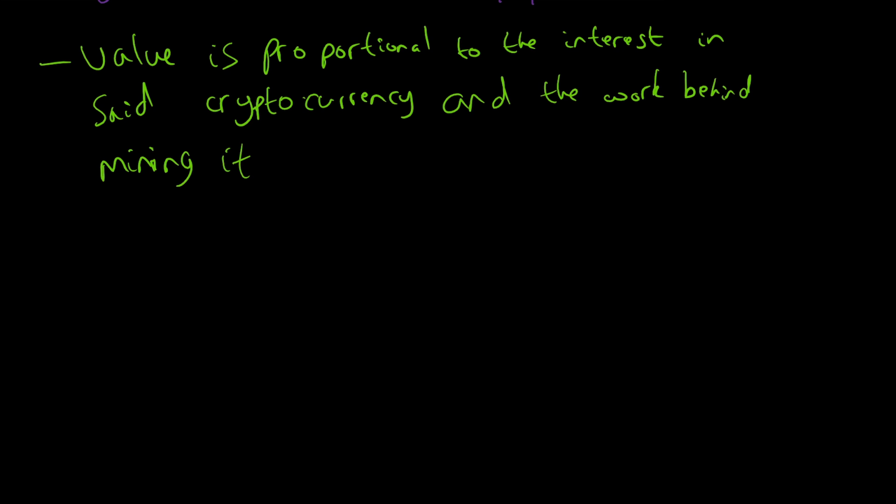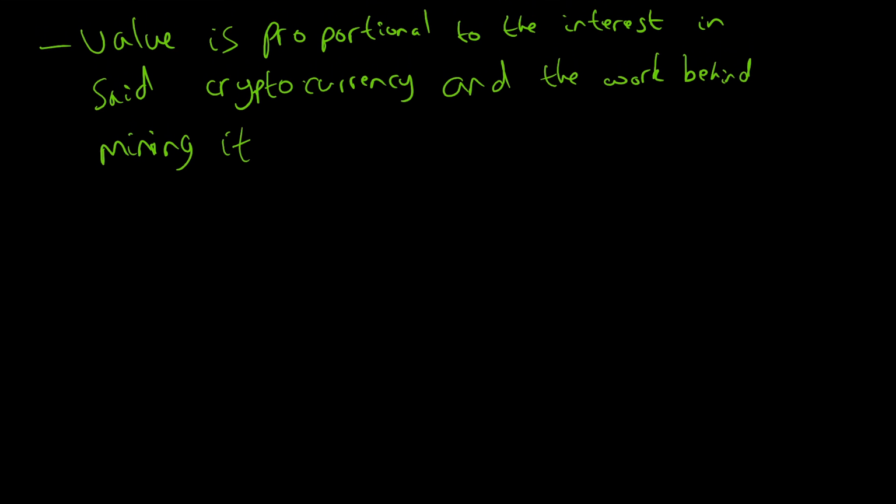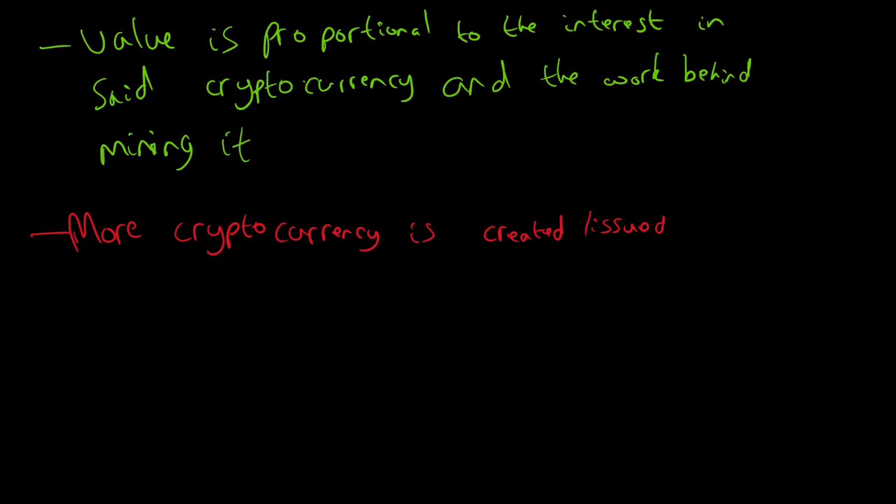So that's what it is, and more are created. More cryptocurrency is created or issued, again, not by a single authority, but through the process called mining.